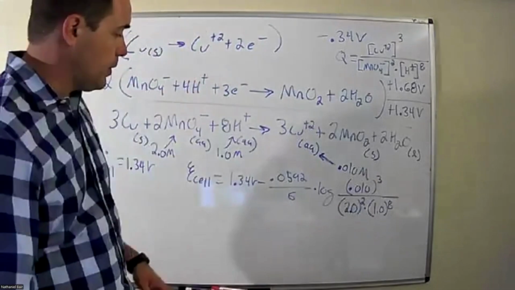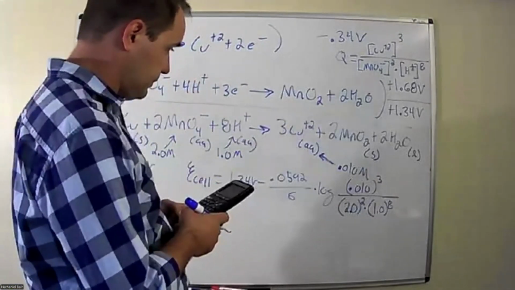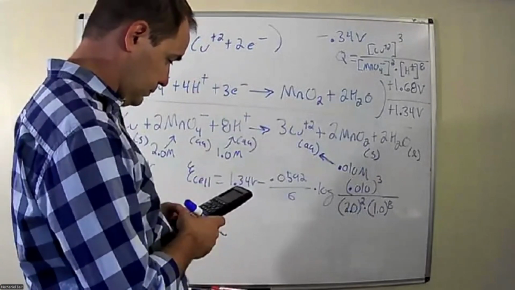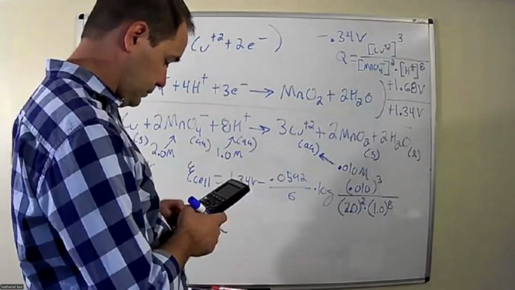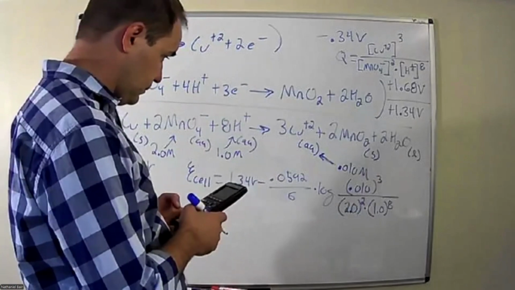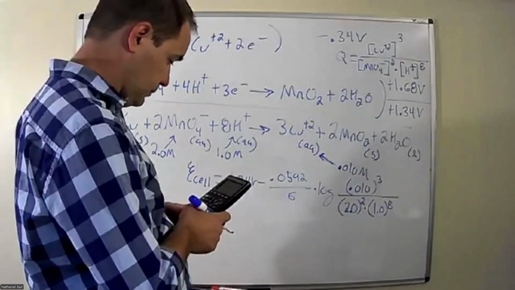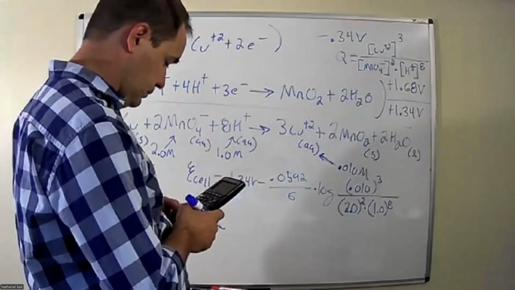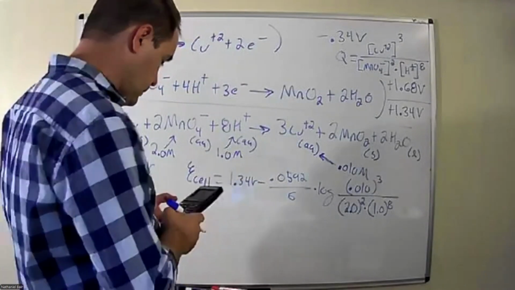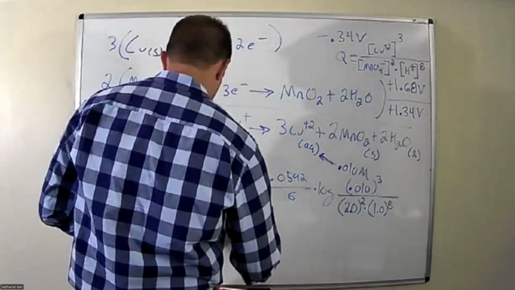So here we go, folks. I'm going to try and type this in. And I got an E cell of 1.41.